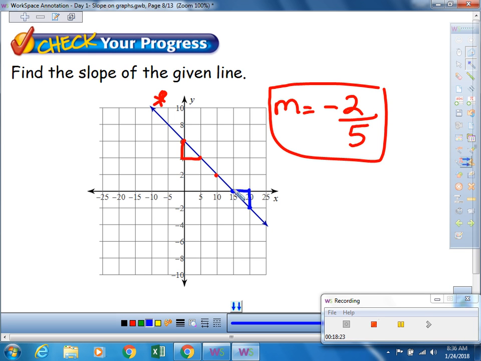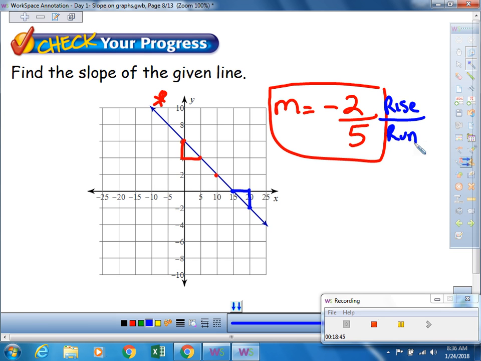Yeah, because if I went up, I still went 2, and if I went to the left, I still went 5. But you just have to know that the rise is always the numerator. This is the rise over run. And if you're going to do it backwards like that, this is a negative slope.